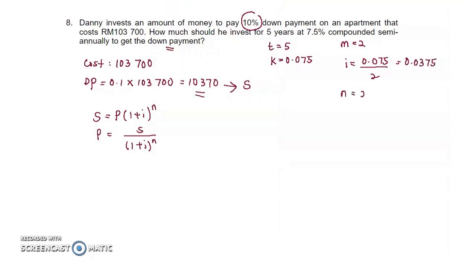N equals M times T, so 2 times 5 equals 10. So P here equals 10,370 divided by (1 + 0.0375) to the power of 10.